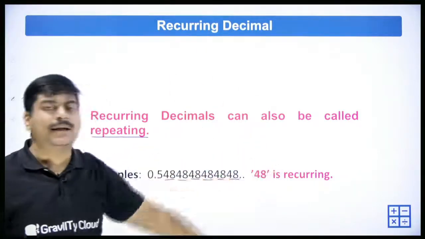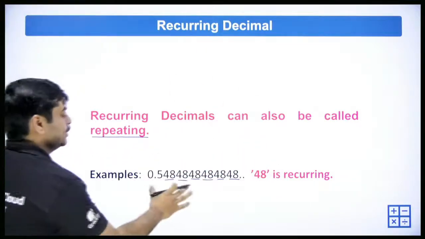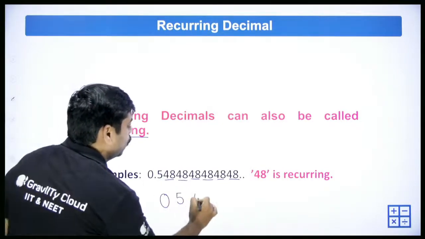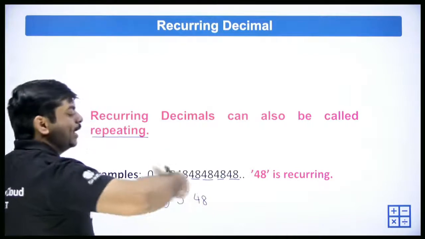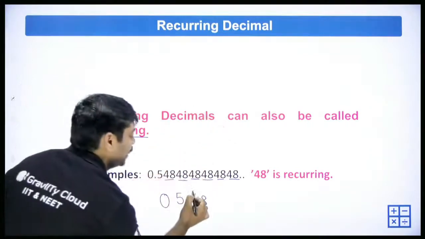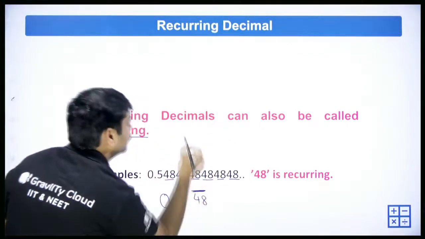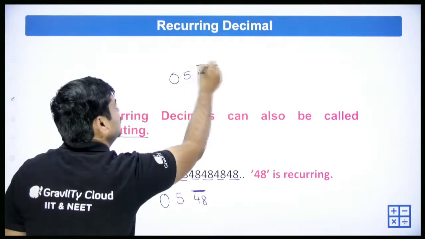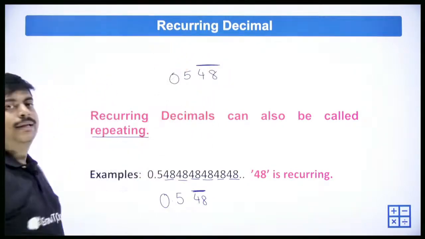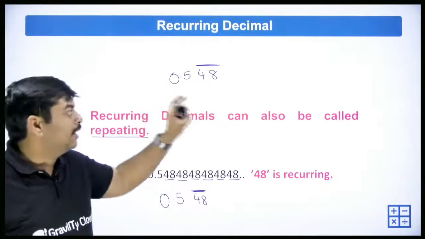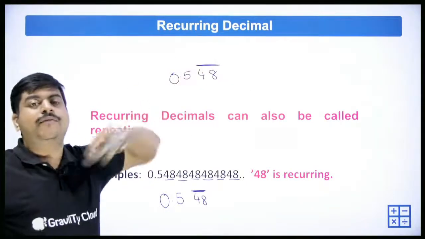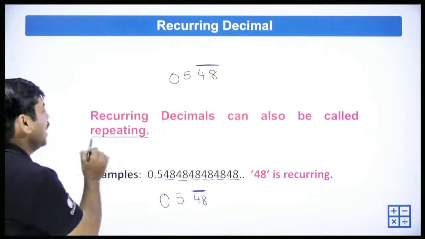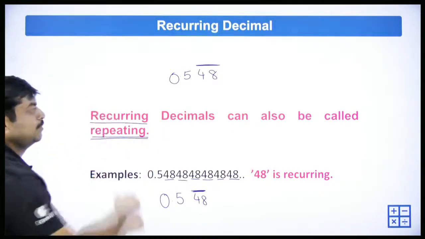So we can write this as 0.548 with a bar. Instead of writing all the 4 8s, we keep a small bar like this. This bar represents that we are continuously going with 48. We are not stopping anywhere. The bar represents that it is a repeating, or recurring, decimal.